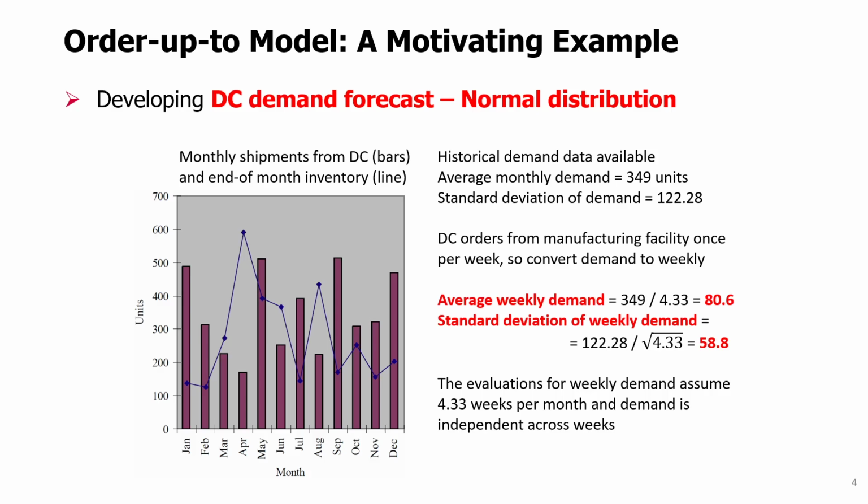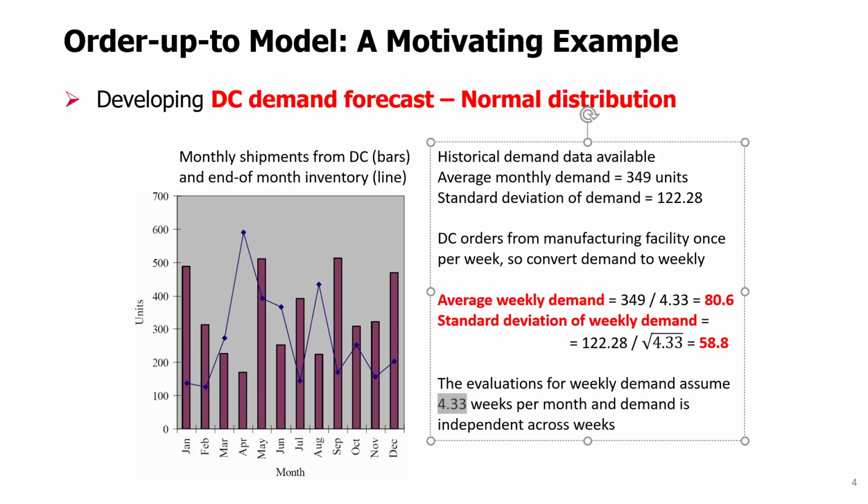Because the distribution center orders weekly, we need to convert this demand to a weekly demand. Assuming the weeks are independent of each other, we will assume the demand between weeks is independent, and also that each month on average contains 4.33 weeks.